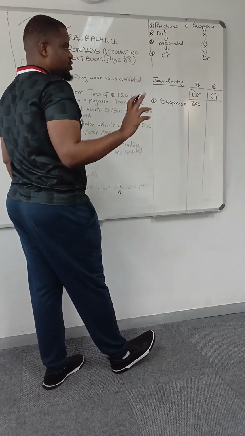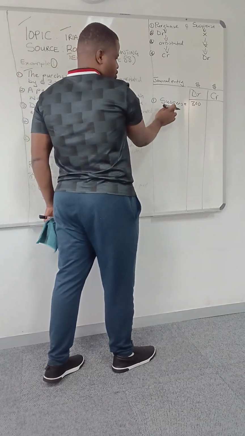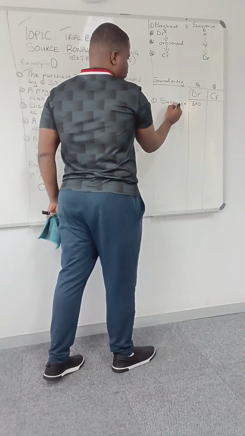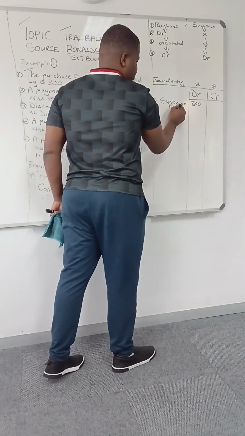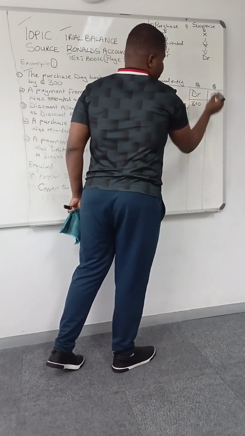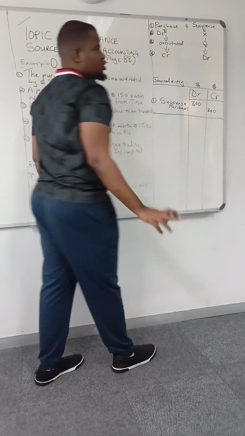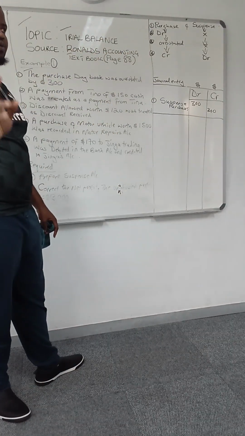Every time you write an account to be credited, you indent it, you put it inside here, not here, so you write purchases like this, 300. If narrations are not required, we have to rule off. You need to pay attention to whether narrations are required or not.